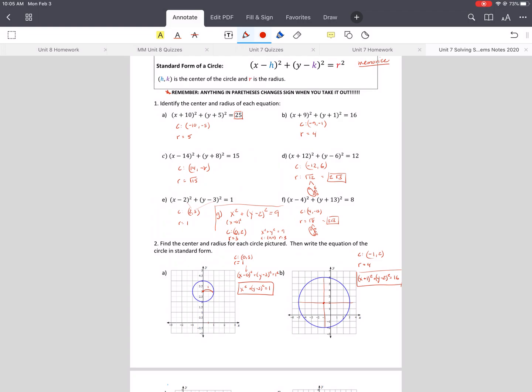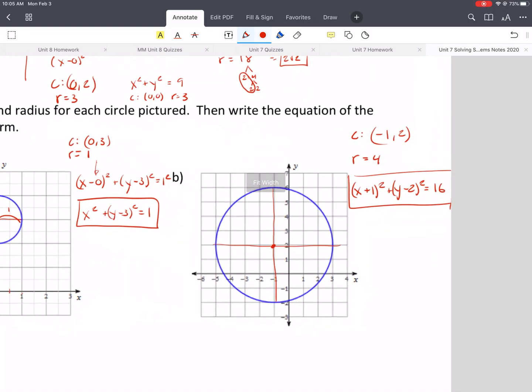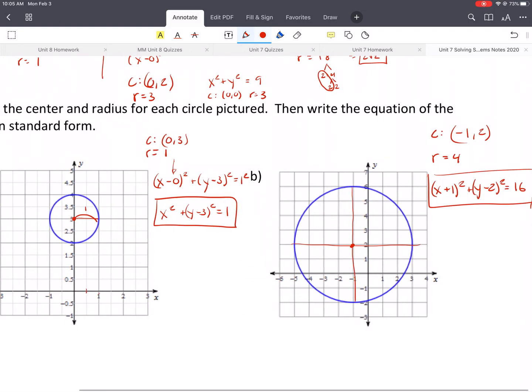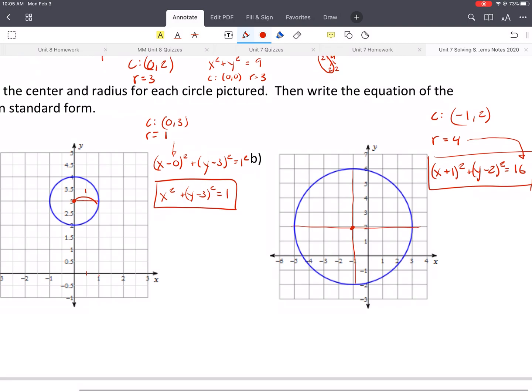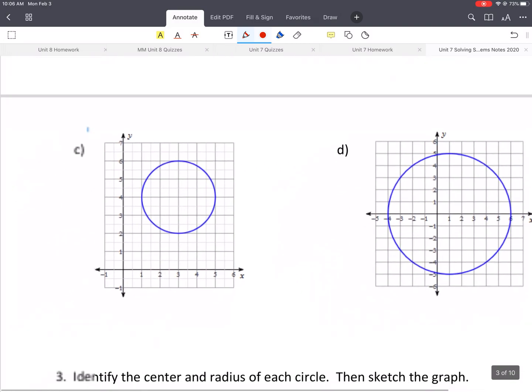And remember that it's radius squared. A lot of students forget and just put 4, or they think about it backwards and write down 2, taking the square root of r, or something like that. So just be cautious and you'll be good.